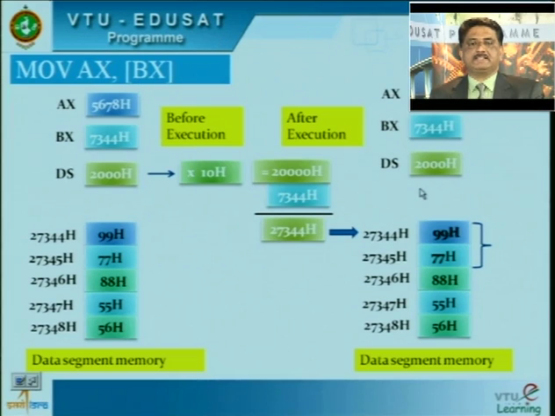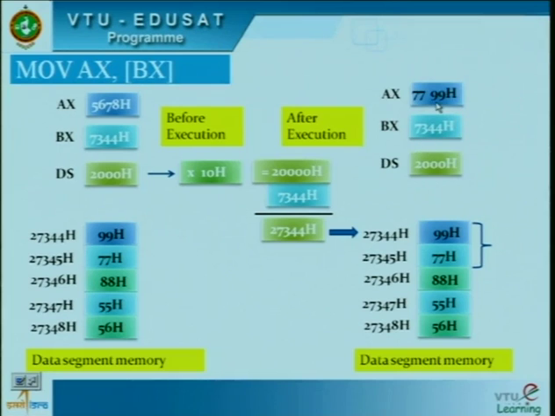Now if you carefully check the picture, here what is happening? Content of 27344H and content of 27345H are copied onto AL and AH, where the data from the higher memory location goes to the higher byte of the register, that is AH, and the data from the lower memory location goes to the lower byte of AX, that is AL.